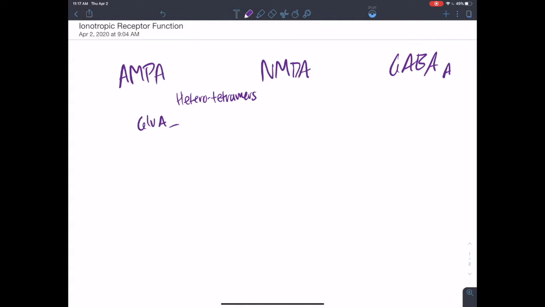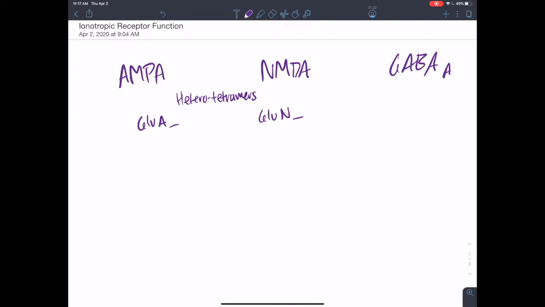And the subunits for an NMDA receptor are GluN whatever that is. So by being a heterotetramer, an NMDA receptor, for example, is made of 4 different types of GluN subunits, whereas an AMPA receptor is made of 4 different GluA subunits.